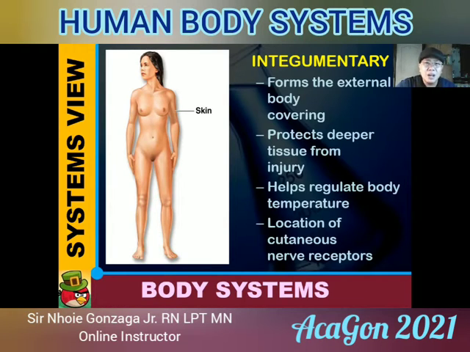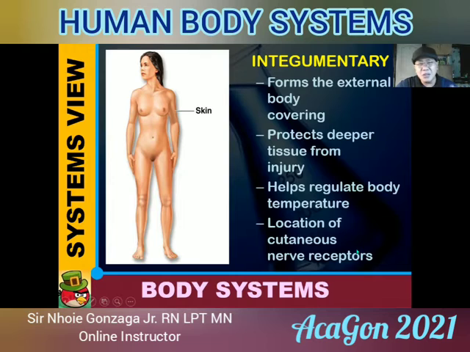The moment our body stops being warm, our blood cannot circulate. This is where integumentary system is very important because the skin covers the body and produces warm temperature so that we can have bodily circulation. And then, it is also the location of cutaneous nerve receptors.